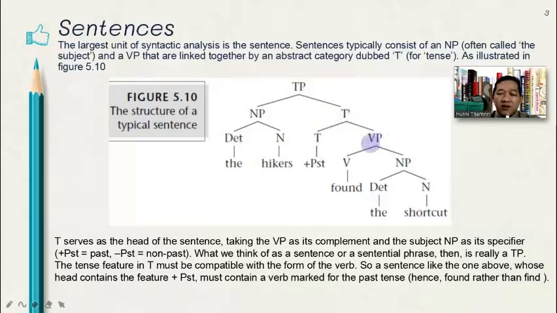The VP is divided into a verb and a noun phrase, which is the complement. So, the hikers found the shortcut. This is the structure of a typical sentence in past situations.